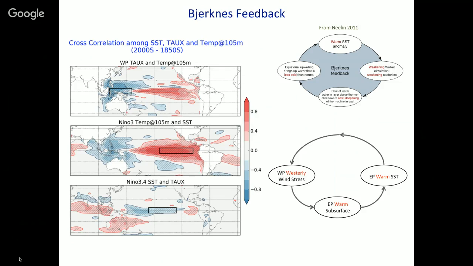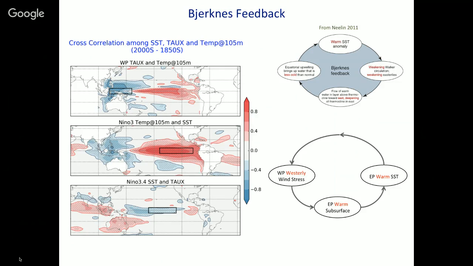Yes. So as you can see, the westerly wind stress over this region is positively correlated with the warming over the eastern side, and there is this seesaw. The next one is the other link, which takes the subsurface temperature response over this region and correlates it with the sea surface temperature above it.